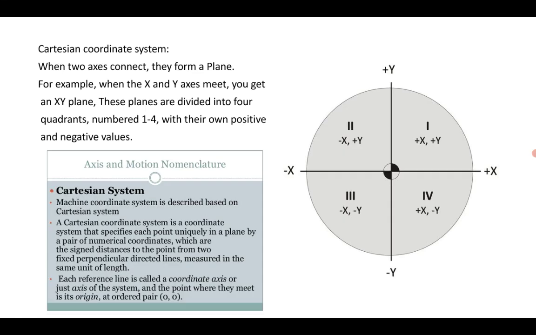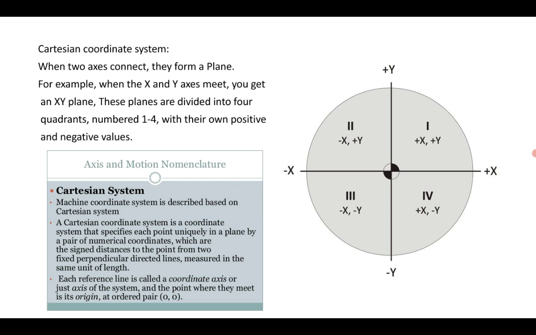These coordinates are used for locating any point on any drawing or machine part along three mutually perpendicular axes, that is x, y, z, and with these mutually perpendicular axes there are four quadrants, numbered 1, 2, 3, 4.